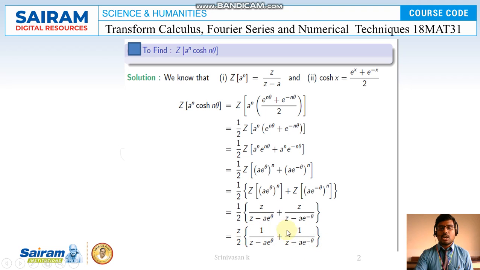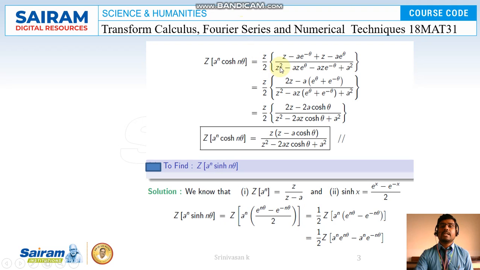Now do the cross multiplication. We get z minus a e power minus theta plus z minus a e power theta divided by z square minus az e power theta minus az e power minus theta plus a square. See the numerator, there are two z, so 2z, and in the remaining two terms we can take minus a outside.